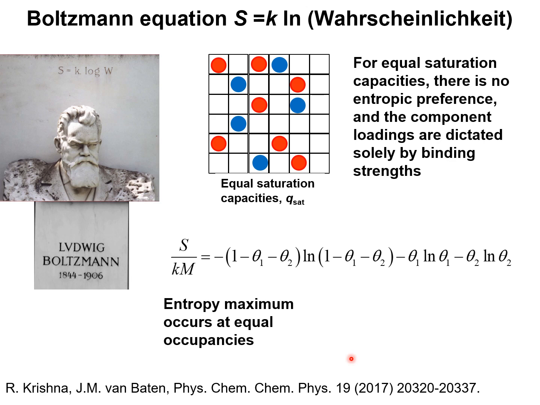And the adsorption selectivity is dictated solely by binding strengths and not on the basis of entropic considerations. We'll find this discussion useful later when we consider adsorption of components with different saturation capacities.